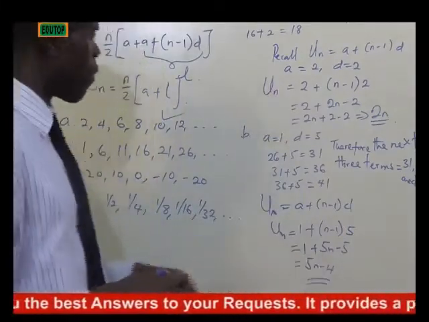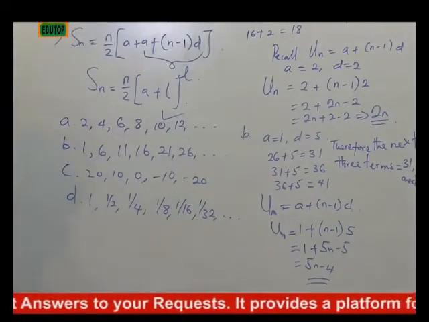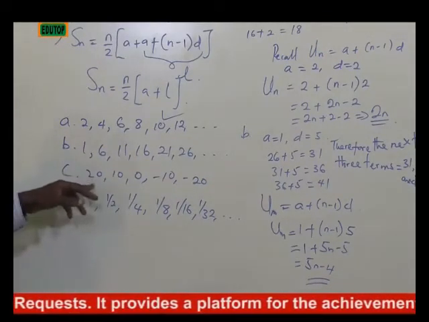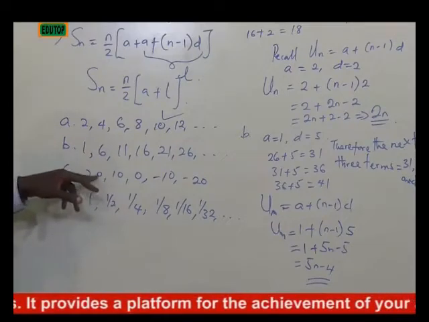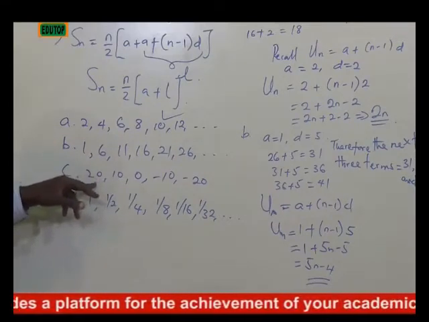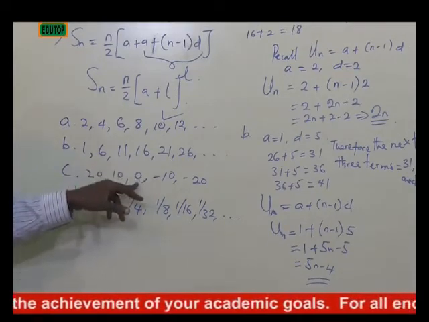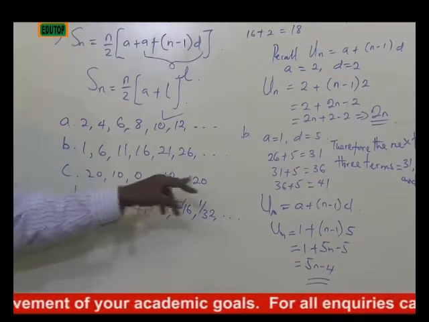So the C part, which is 20, 10, 0. Here it can be deduced that if you subtract 10 from 20, you have 10. 10 minus 10 is 0. 0 minus 10 is minus 10. Minus 10 minus 10 is minus 20.